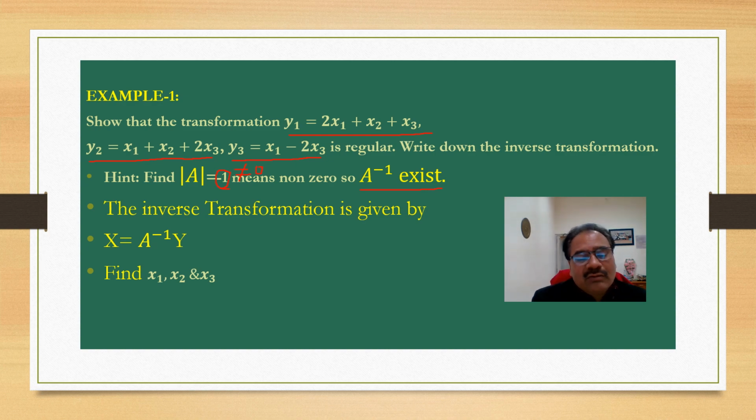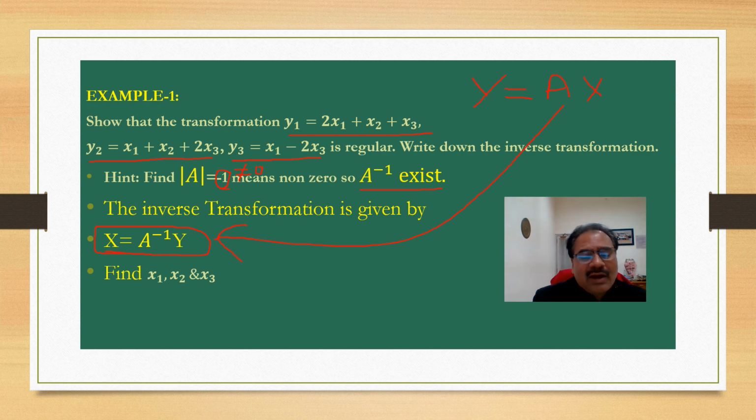Now, second, how can you write the inverse transformation for this? We have already discussed that y is equal to Ax is the transformation. So what is the inverse? The inverse is x is equal to A inverse y. Because of that, you have to first check whether A inverse exists or not, and for that purpose we find the determinant.